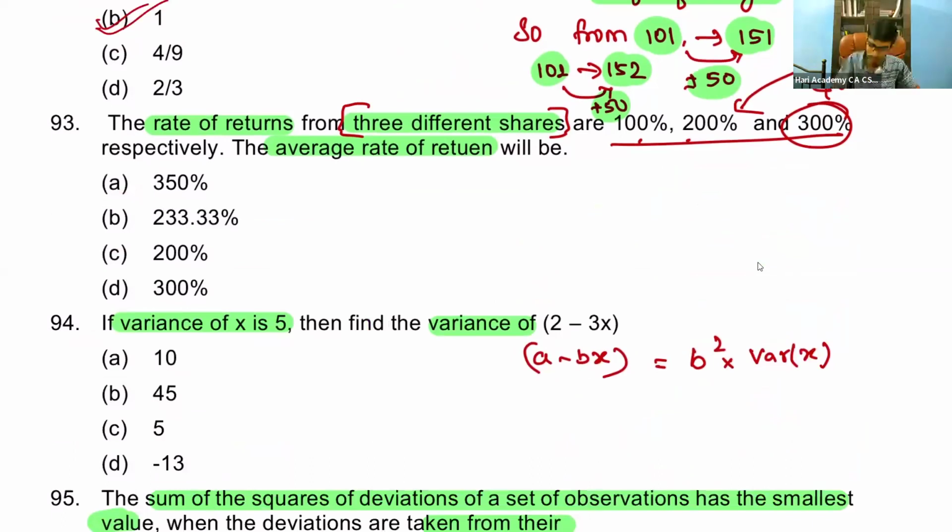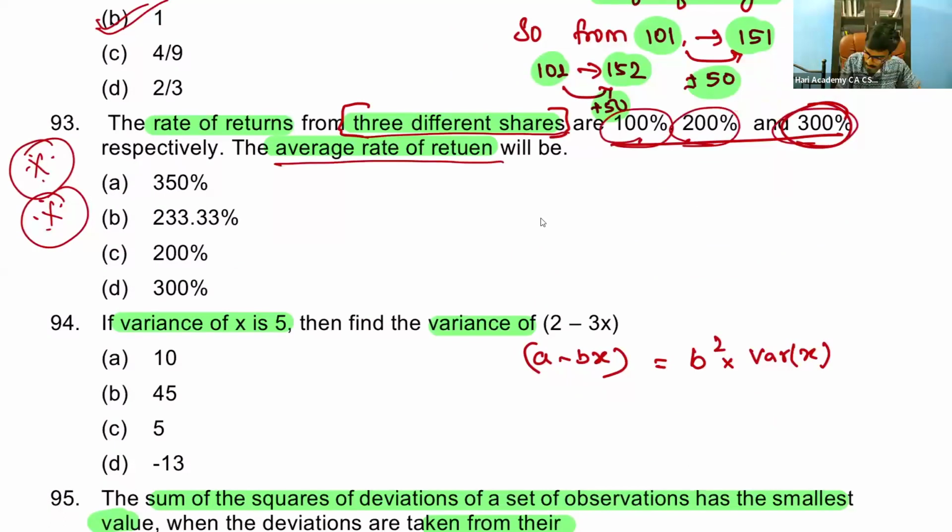The question has 300 only. One of my students told me that in the November 21 MTP series 2, in question number 74, they have given 400 here.